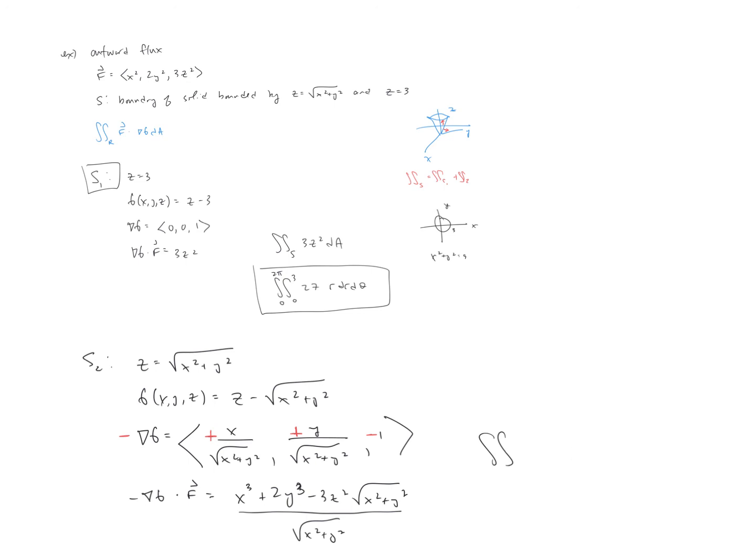Now, to be fair, if I was going to evaluate this, I would probably use polar coordinates because you can see the x squareds and the y squareds are a big part of this. But regardless, I'm just going to drop it in there real quick to give you guys the official setup. And so then we would have our dA as well.